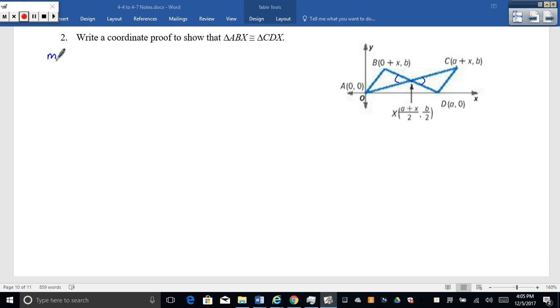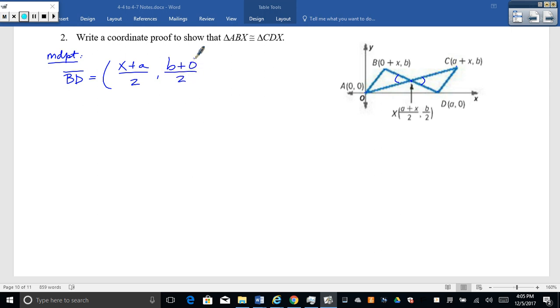So if I go ahead and do this as a heading, we're going to work on midpoint first. If I do the midpoint of BD, okay, let's see here. I'm going to do something like this. B is X, D is A, and then the Y value is B plus 0.